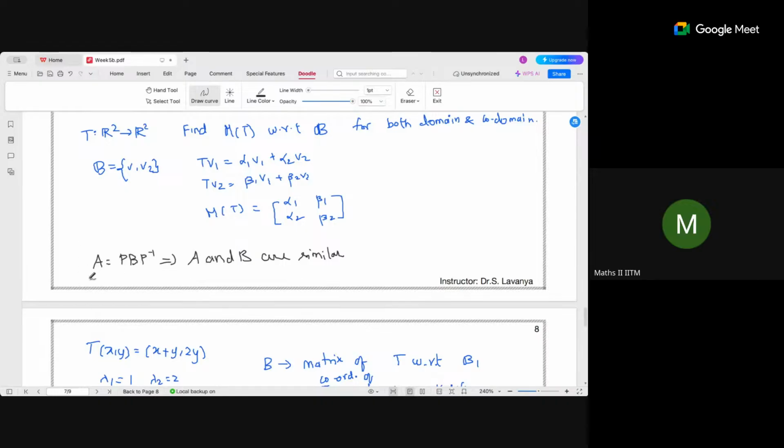What this says is, use the determinant properties. Determinant of A is the same as determinant of P into determinant of B into determinant of P inverse. Then you further split the determinants: determinant of P, determinant of B, and determinant of P inverse is 1 by determinant of P. So this gets cancelled, and you see determinant of B. Similar matrices have the same determinant, eigenvalues and trace.